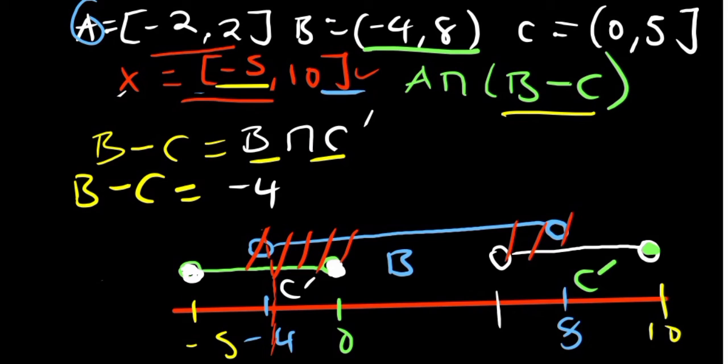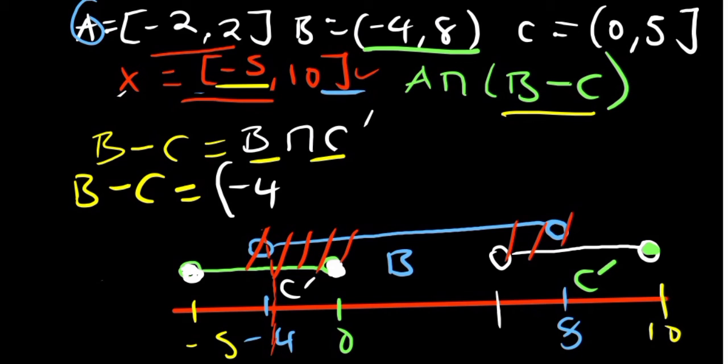Is -4 part of B? The fact that that end is not shaded means -4 is not part of the intersection. So use that bracket.